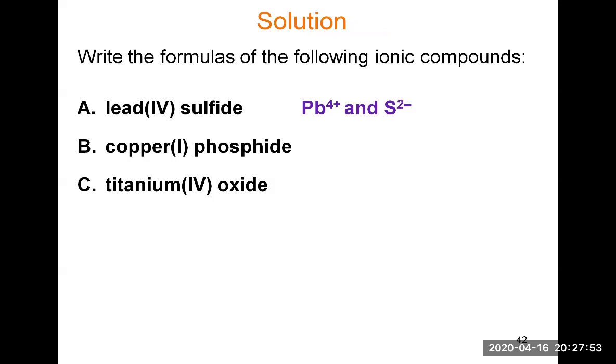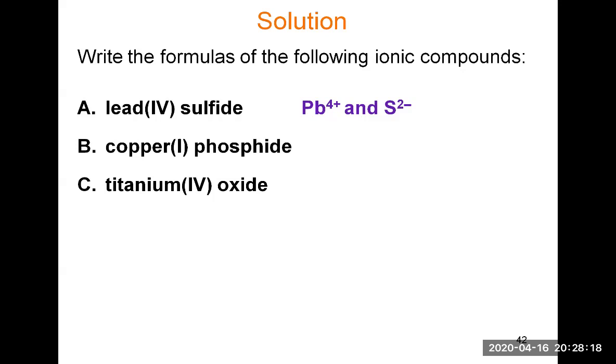Now you can do the crisscross trick where the 2 from the 2 minus of the sulfide ion becomes the subscript for Pb. And then the 4 from the Pb4+ becomes the subscript for sulfur. And so it would be Pb2S4.